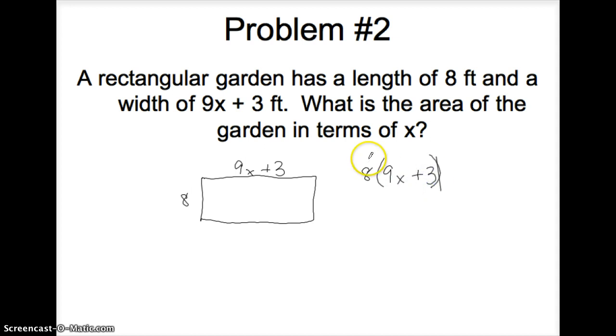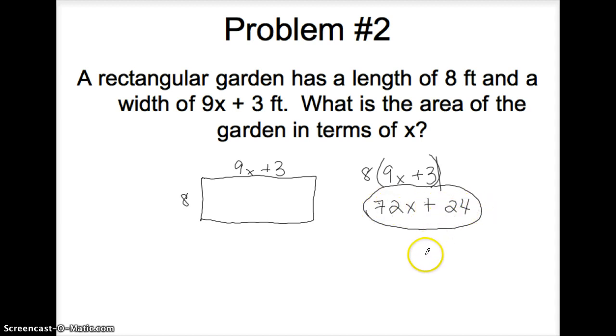We can use the distributive property here. 8 times 9 is 72x, because we have to remember our variable, plus 8 times 3, which is 24. So the area of this garden in terms of x is 72x plus 24.